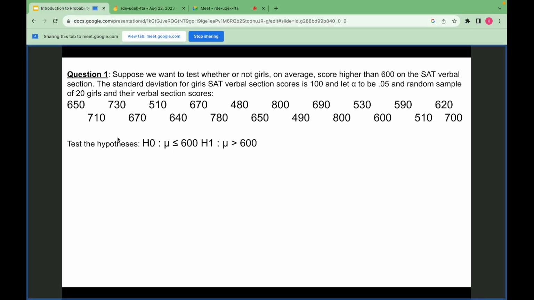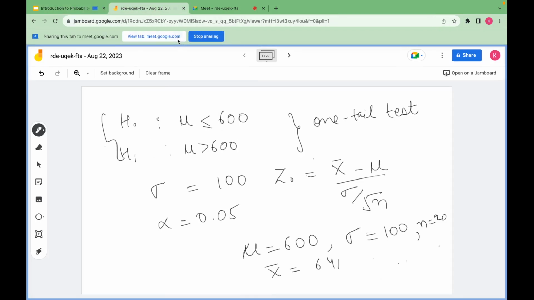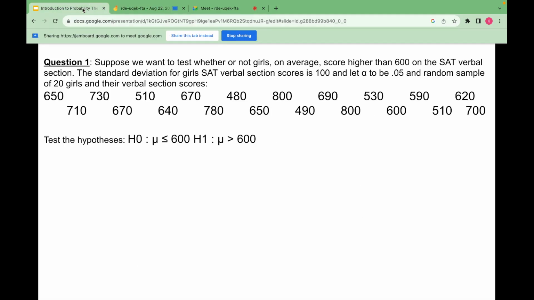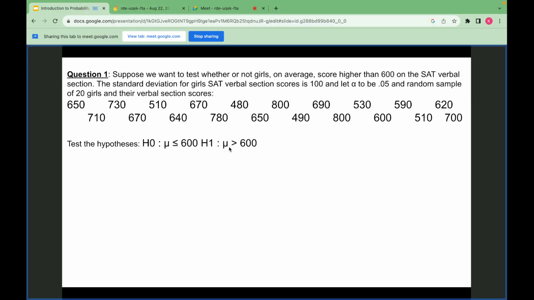In the question we needed to test whether H0 is correct or H1 is correct. Since the Z0 value is higher than Z alpha, we reject H0, so we claim that mu is higher than 600.